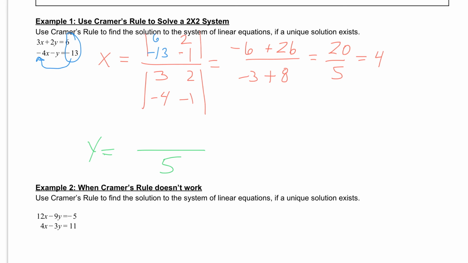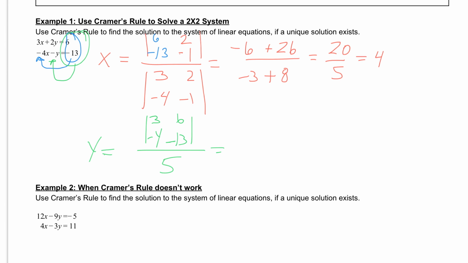But my top is what's going to change. So where before I had plugged in for the x's, so this replaced the x, now that I'm solving for y, these numbers right here are going to replace the y. So it has 3, negative 4, and now that 6 and negative 13 go in the y column.